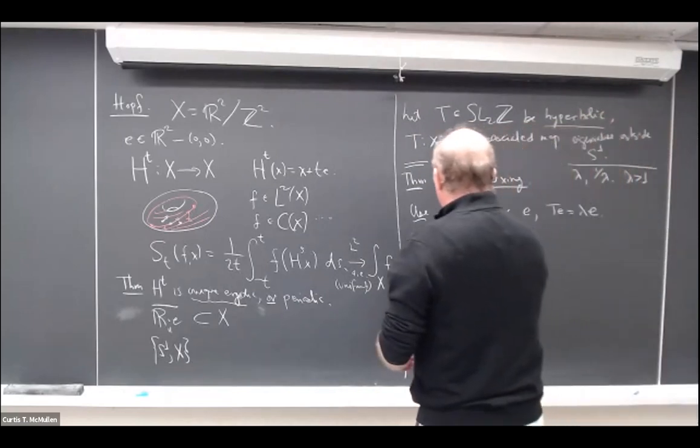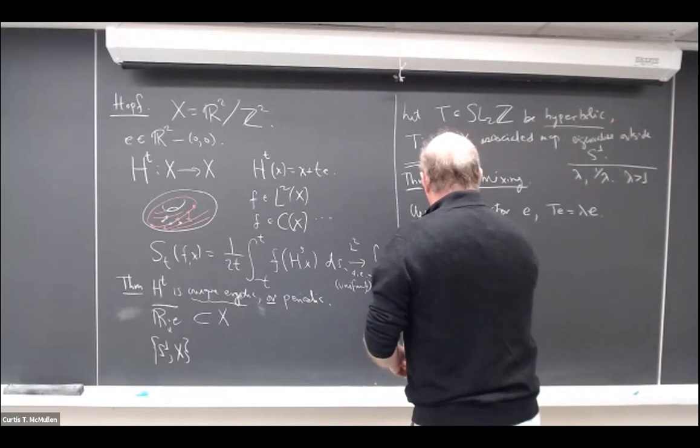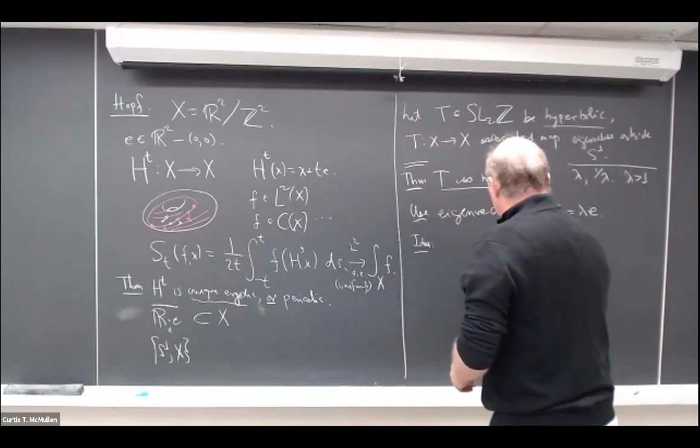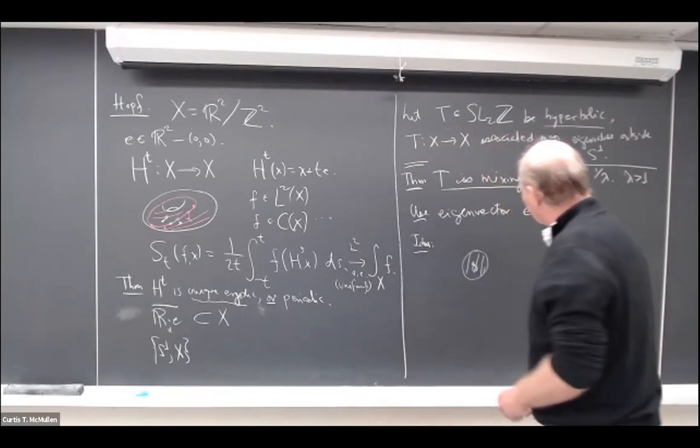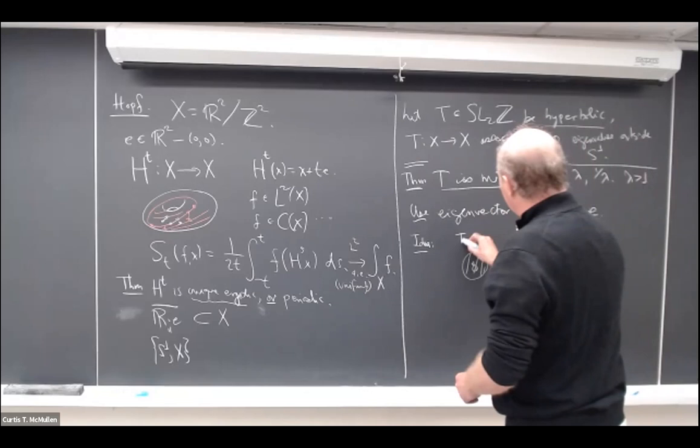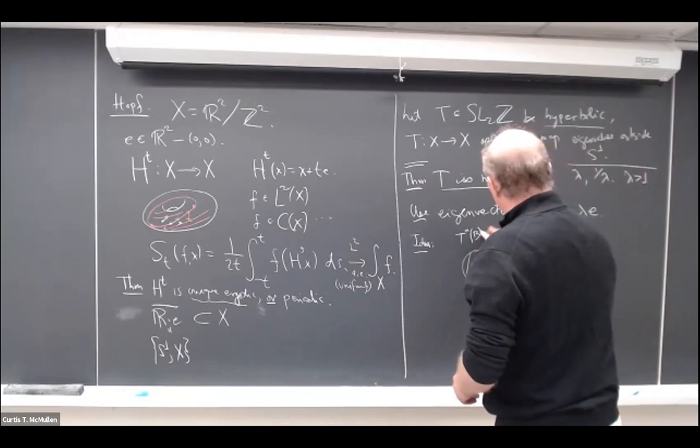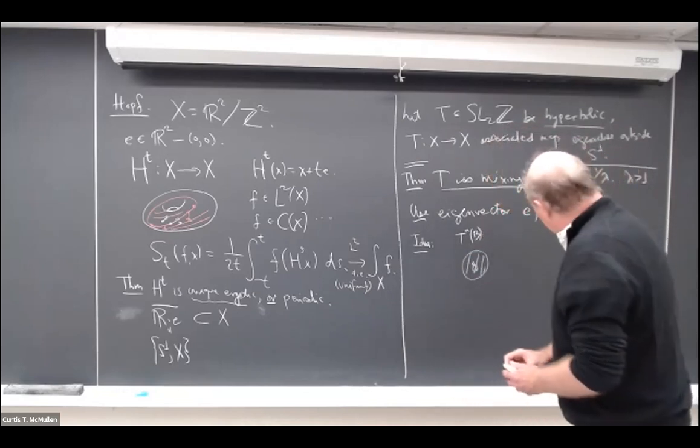And here's our idea. The idea is that if we take a ball around the origin and we apply T to it many times, well, two things happen.